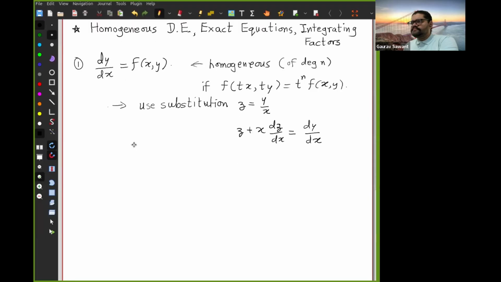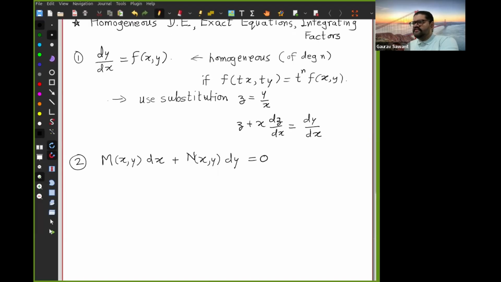All right. Then sometimes one is able to split this f(x, y) into a numerator by denominator form, and then the first order differential equation can also be written in the form M(x, y) dx plus N(x, y) dy equal to 0.